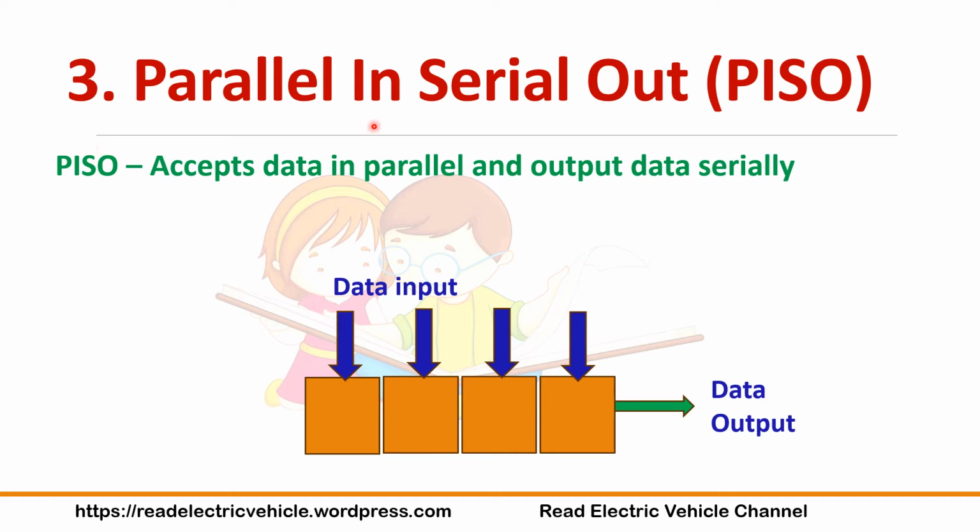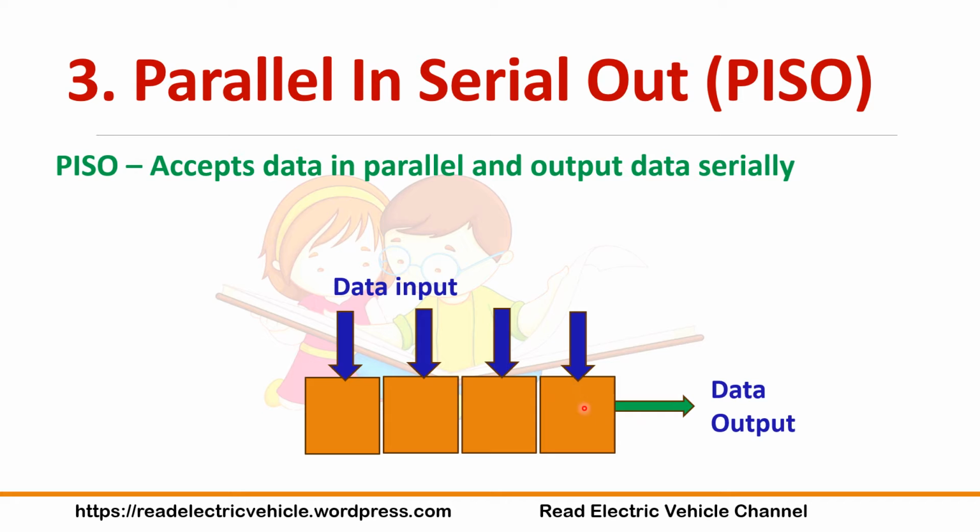What is this parallel in, serial out shift register? In means input, out means output. So input is given parallelly, output is taken serially. Here you see the inputs are given to the flip-flops parallelly. At the same time, the 4-bit data is given to the flip-flops, whereas output is taken serially.